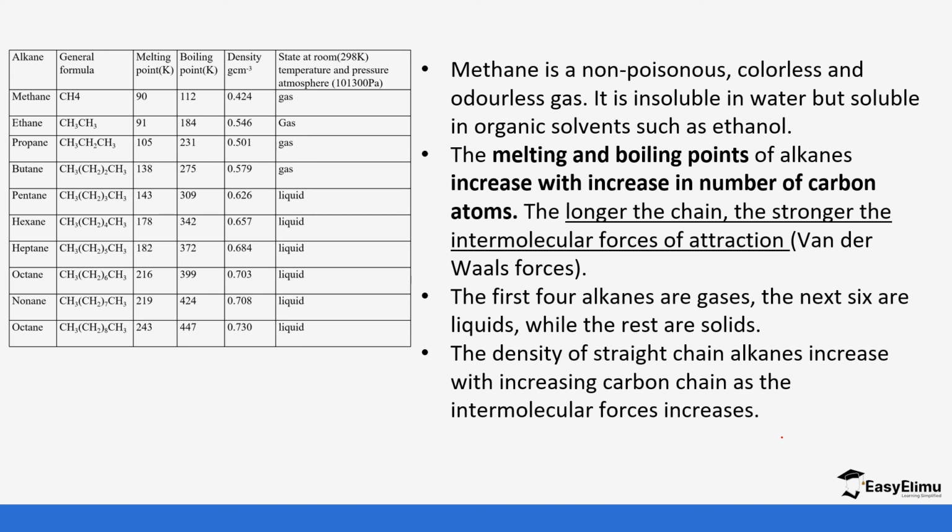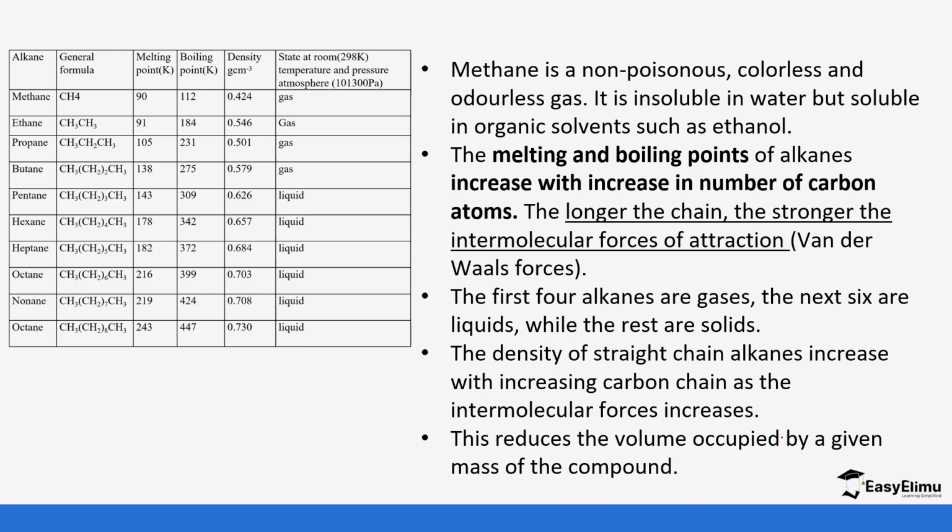The bigger the size of the molecule, the more dense it is. The smaller the size of the molecule, the lighter it is. This is attributed to the strength of the intermolecular forces as well. If the forces are stronger, it means it's going to be heavier. If they are weaker, it's going to be a bit lighter. So this reduces the volume occupied by a given mass of a compound.